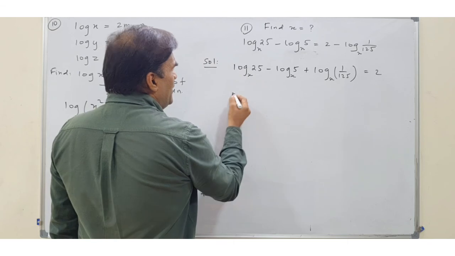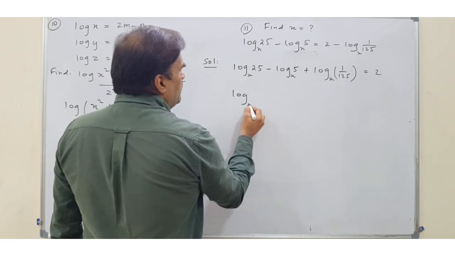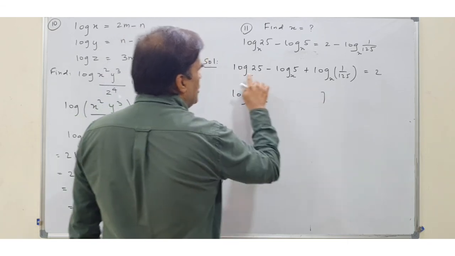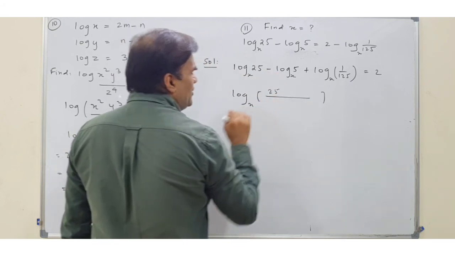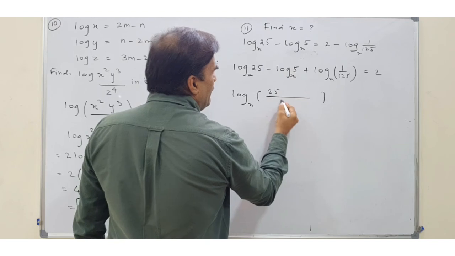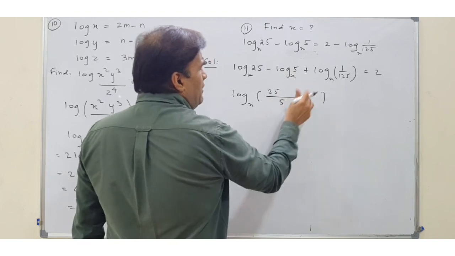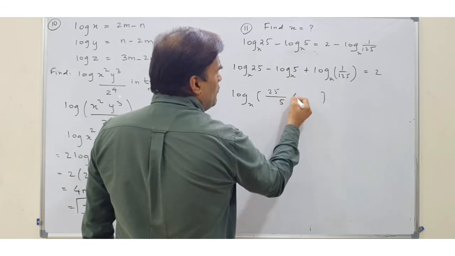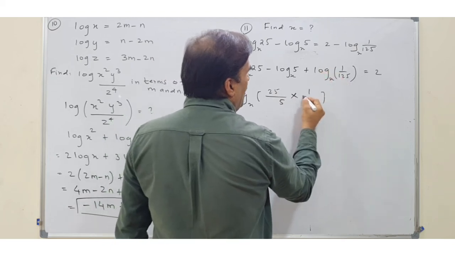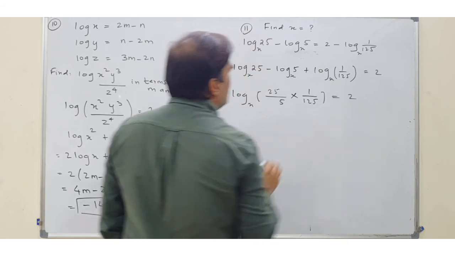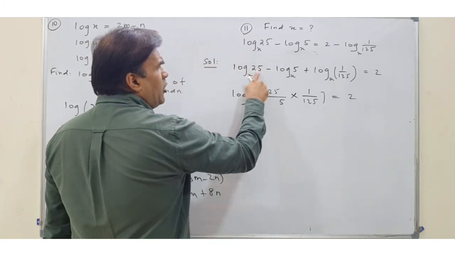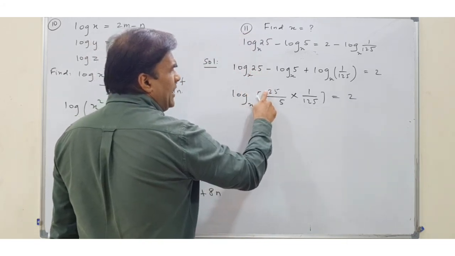As we know the property of logarithm, log A, since it is minus, it will go as division, so upon 5. Then we have plus, so multiply by 1 upon 125, which will give you 25. Log 25, so 25 is in the numerator.